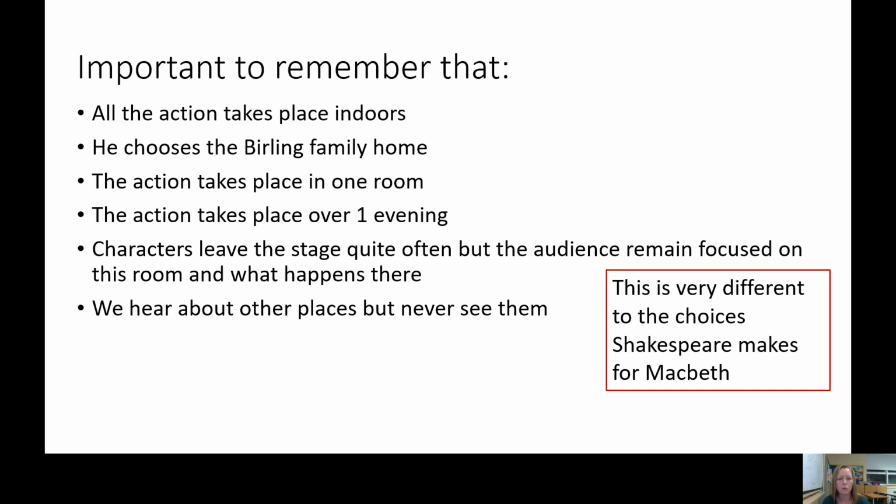We go to Macbeth's house, we go to the battlefield, we go to the home of the Macduffs, and we go to England. It takes place over quite a long period of time. We're not clear about how long it's been going on for, but Priestley is very different from Shakespeare in that respect. In Macbeth, Shakespeare gives it quite a grand, almost epic scale, doesn't he?